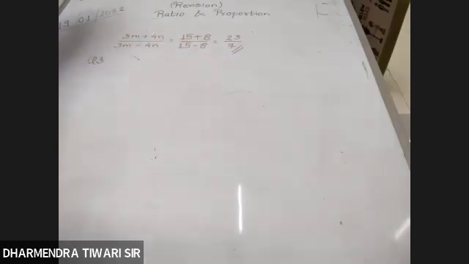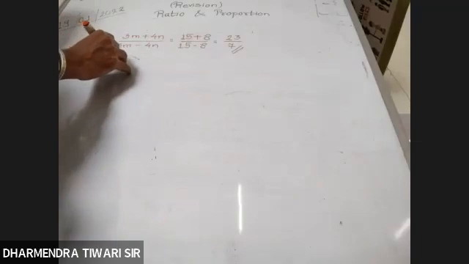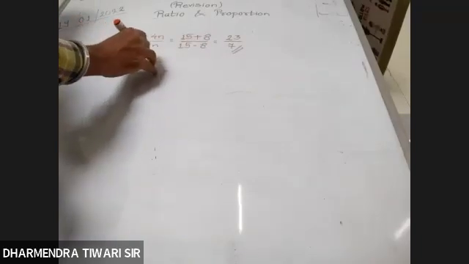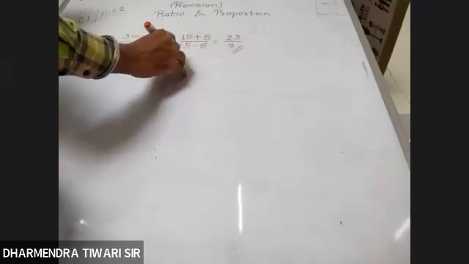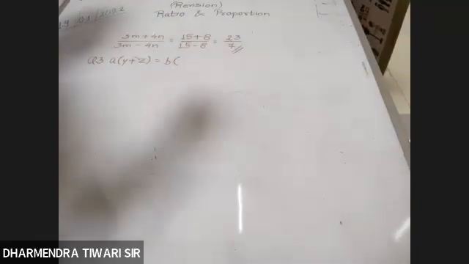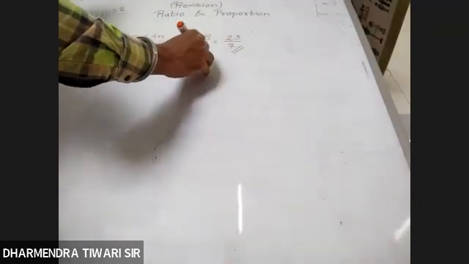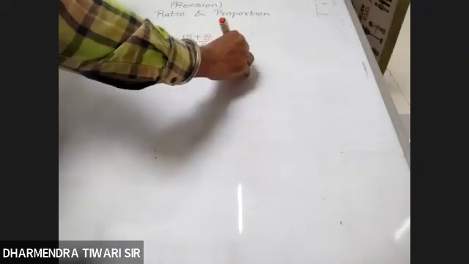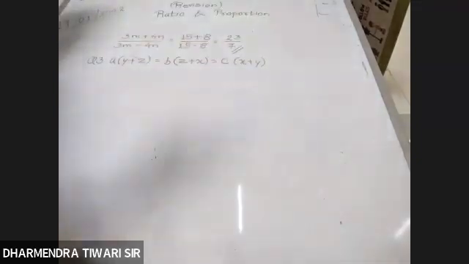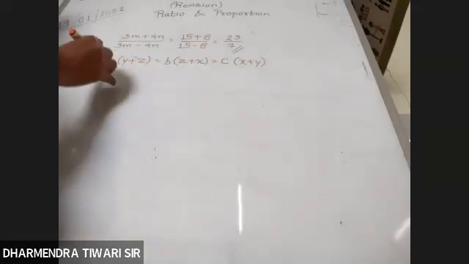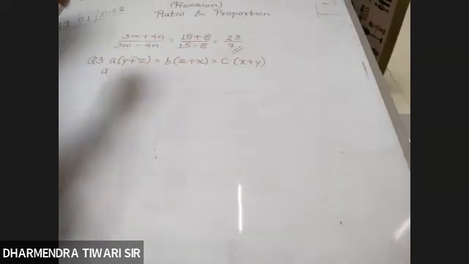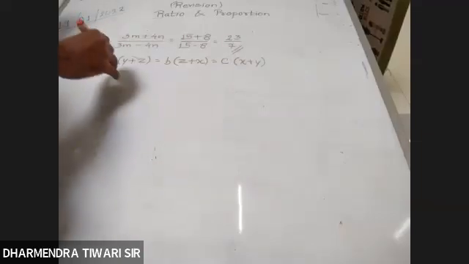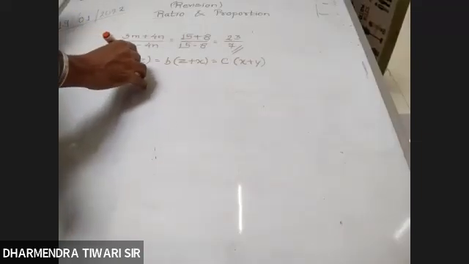Given a(y + z) = b(z + x) = c(x + y). This is the equation that we are having, out of which a is not equal to b is not equal to c.